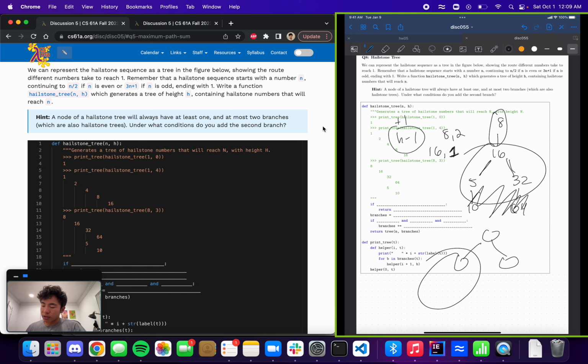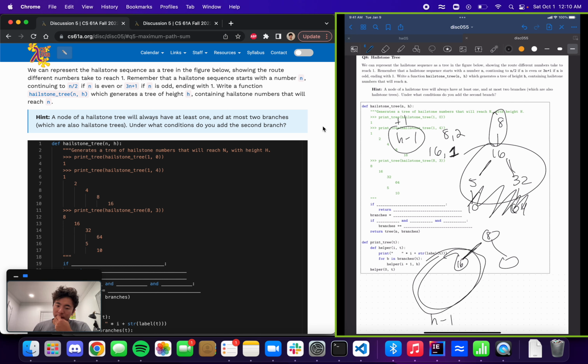And then these recursive calls are generating a hailstone tree starting at something that could lead to that element. So in this case, let's say the top was 8, and the element that might have led to 8 was 16. And so if you make a hailstone call to 16, and then we say, give us a height h minus 1 tree, it's going to generate everything below there, and then we can attach that back to that 8 tree right there.